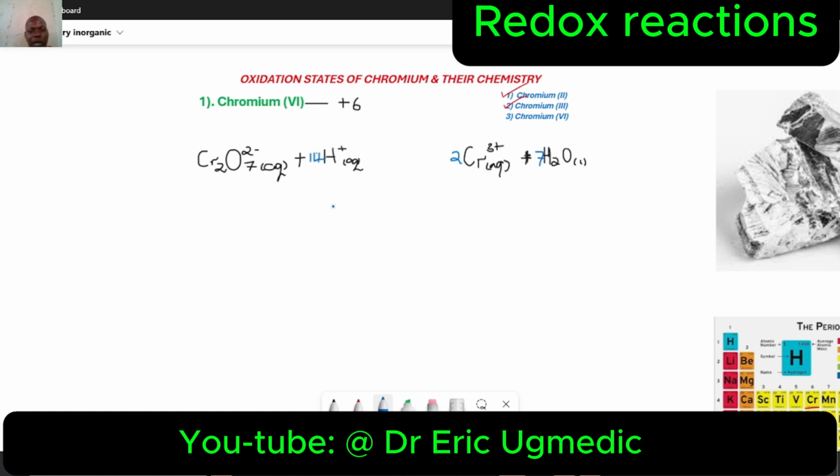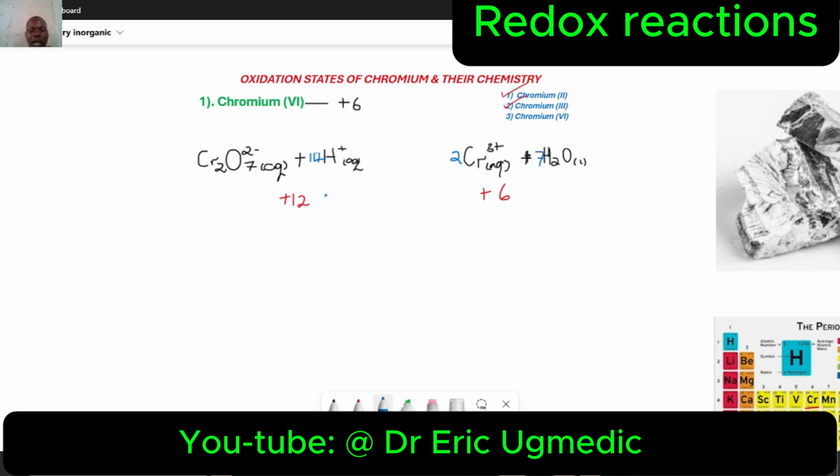And eventually, we can now balance our charge. So what do we have as the total charge this side? We have a -2 plus 14, that is a +12. And then what of our right hand side? We have +6. So remember, we are going to balance borrowing electrons, and electrons are negatively charged. So I have to add on the side that has more charge.